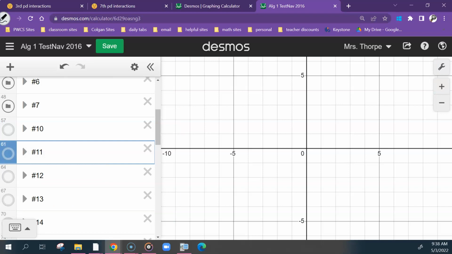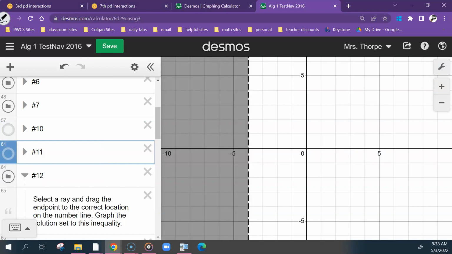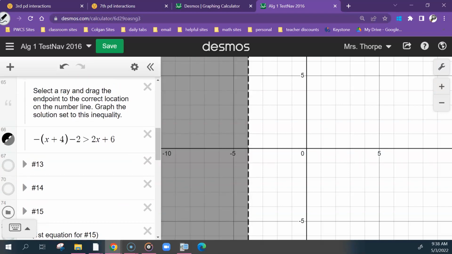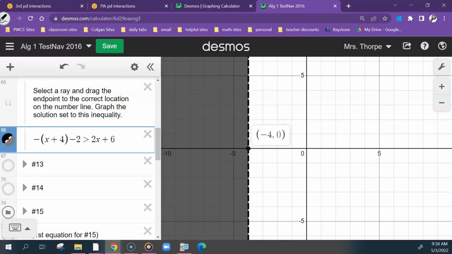12 is very similar. You can put that in all the way. This is a drag and drop, so you would need to know which inequality line you need. This would start at -4, so at -4 you would drag whichever line up to that point. Would this be an open or a closed circle? Open, to be the open circle that goes to the left.